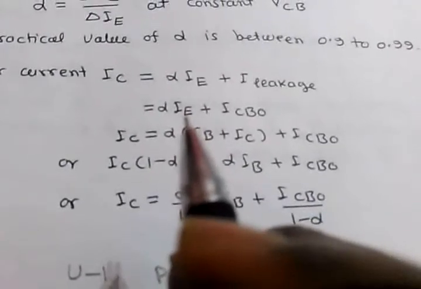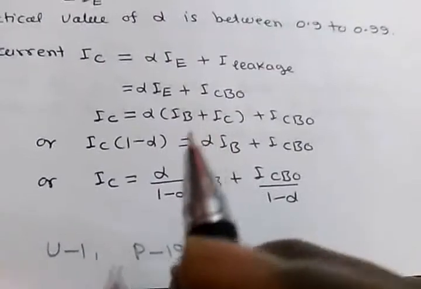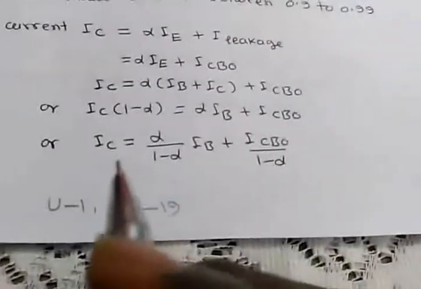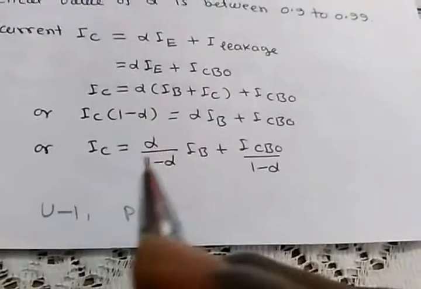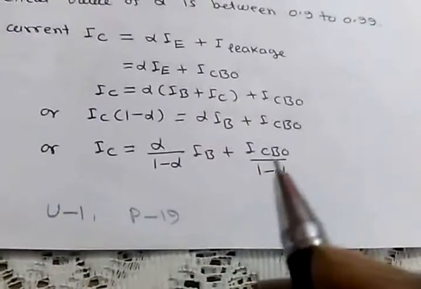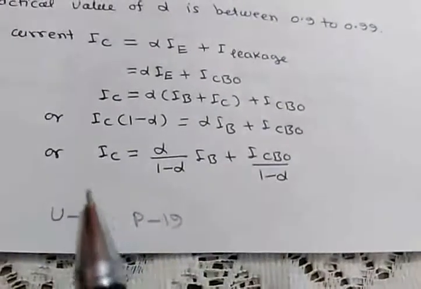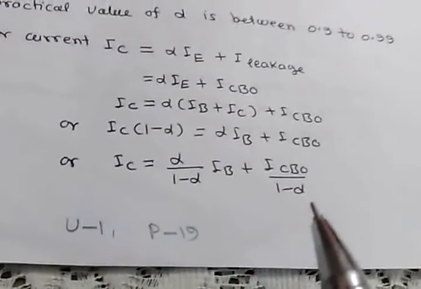So in place of IE, write IB plus IC. After simplification, we can write collector current IC equals alpha upon 1 minus alpha into IB plus ICBO upon 1 minus alpha. This is the expression for collector current in common base configuration.